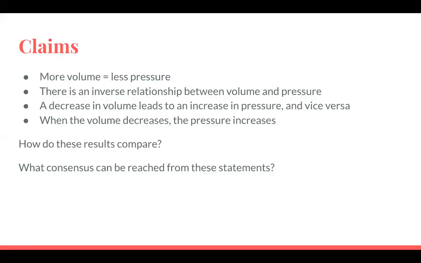So after going through your whiteboards, there were a few claims that we made, and I just listed a few of them here. Most of them had the same general pattern: more volume equals less pressure, and less volume equals more pressure.